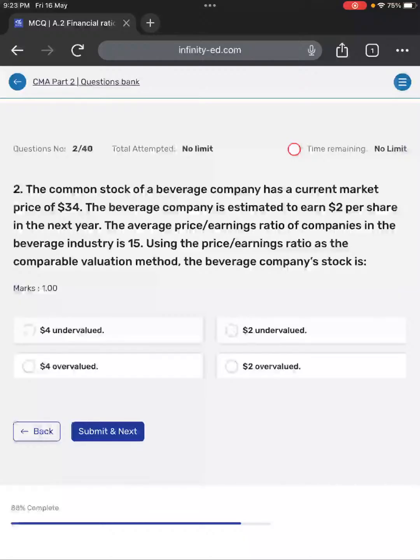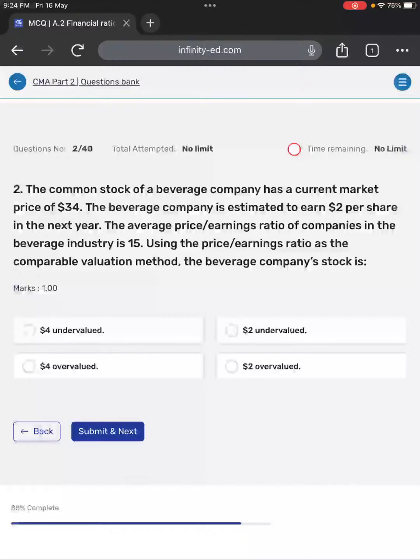As per P/E ratio, the value of the share will be 30, and now the market is trading at $34.